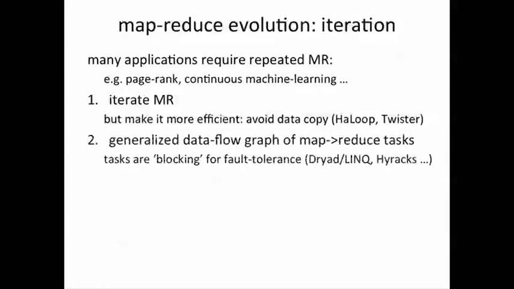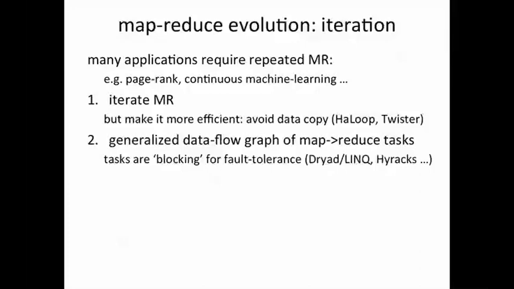Another example of iteration is generalizing the MapReduce paradigm to a general data flow graph where map and reduce are simply two types of operations, and one can have a general directed graph of such tasks, and data can flow across such a graph. The key feature that is important here is that tasks block just like map and reduce tasks, so that one map task needs to process all its data before moving on.